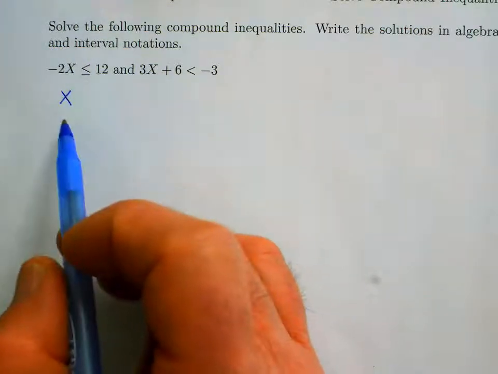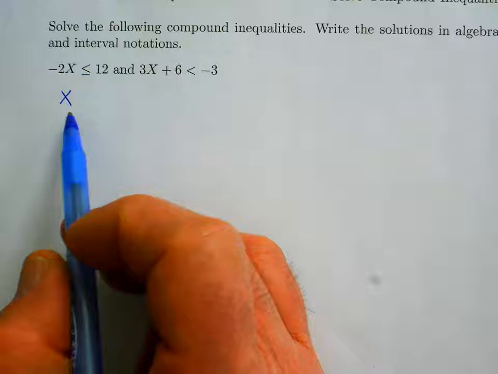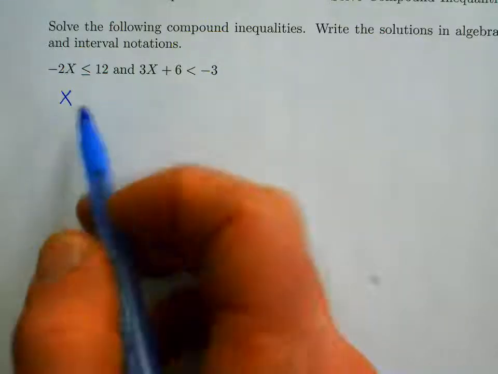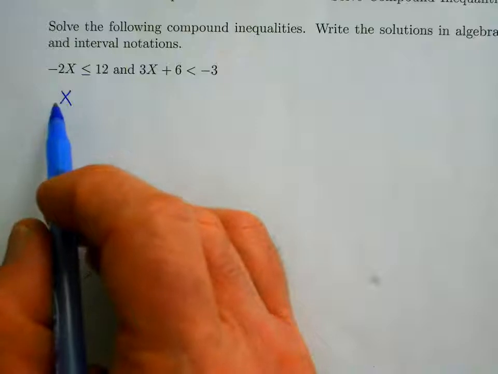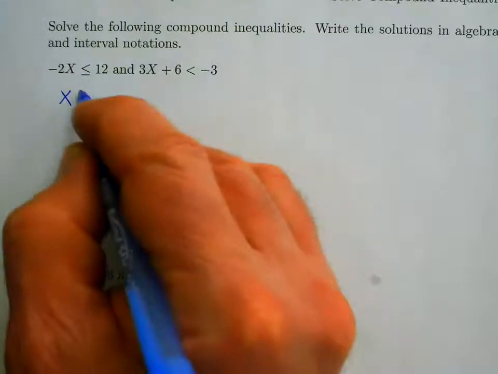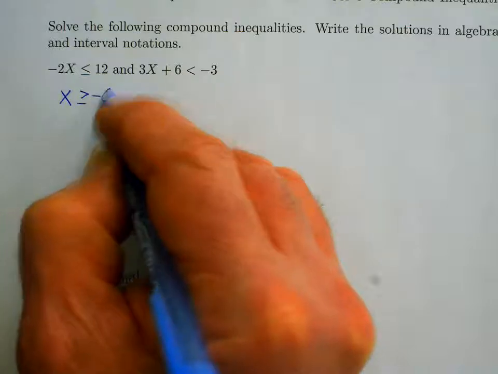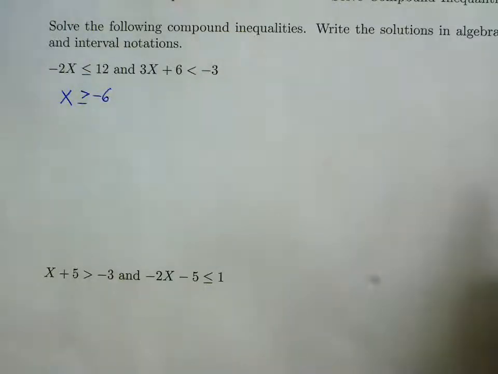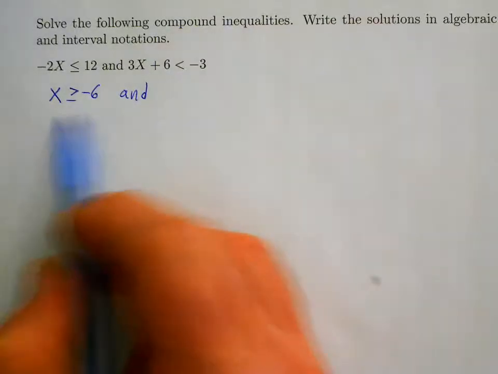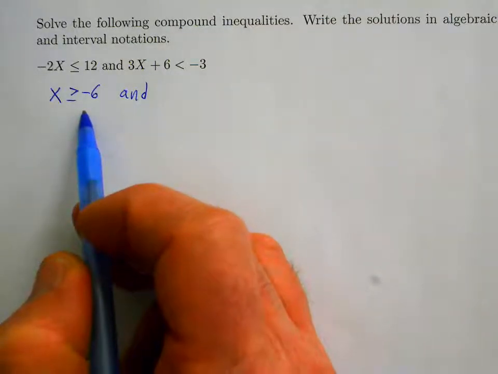You'll do the same thing if you multiply both sides of an inequality by a negative. Here we just want to divide both sides by negative 2, so we're going to write this as x greater than or equal to negative 6. The one on the left, that's as far as we can simplify that.